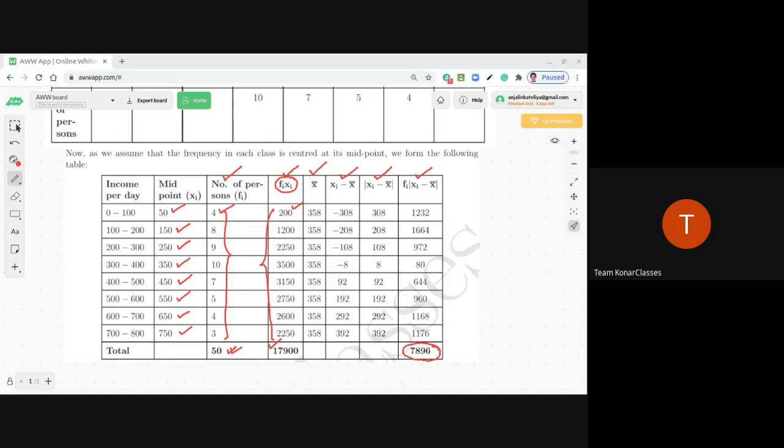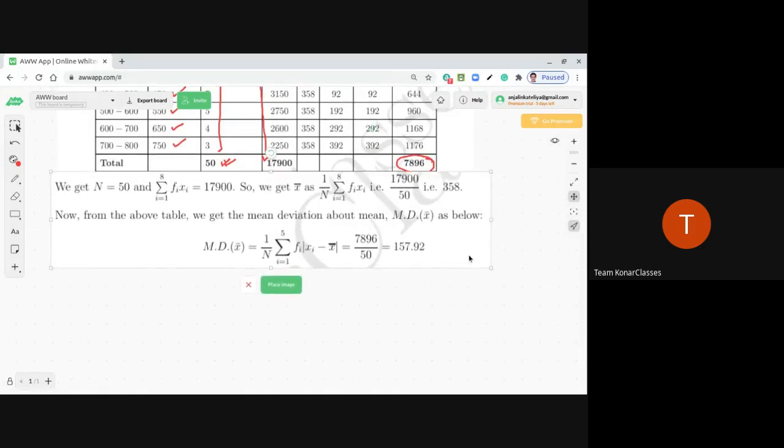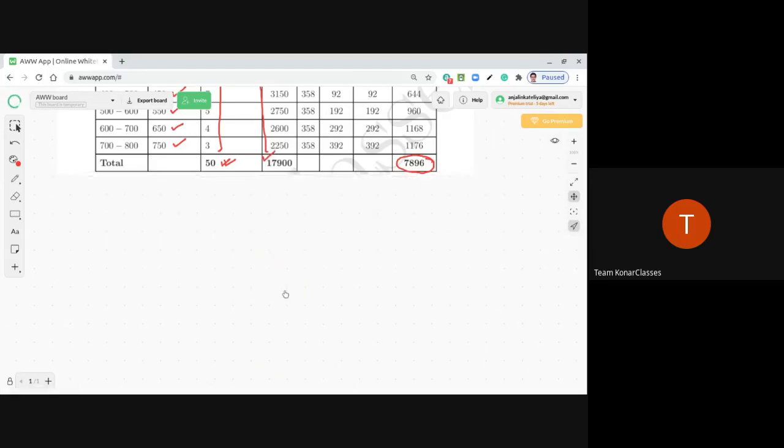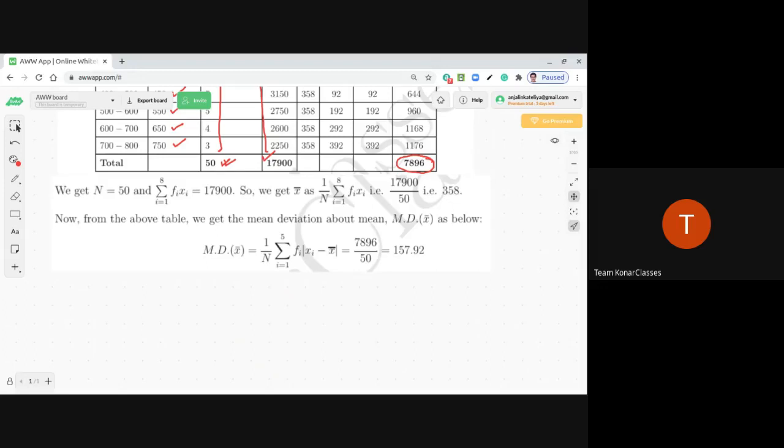Mean deviation about mean is summation of fi into modulus of xi minus x bar divided by n, and we get that value equal to 175.92.